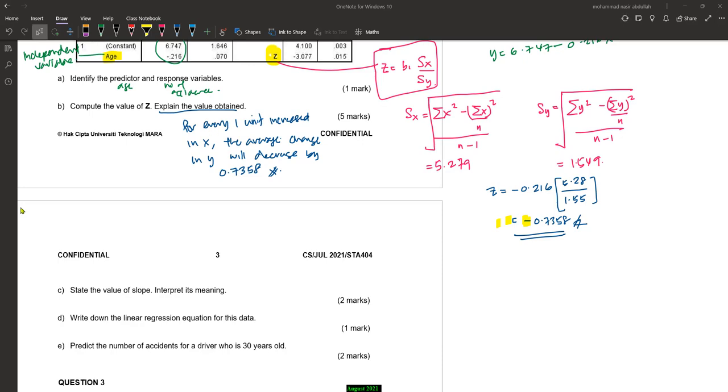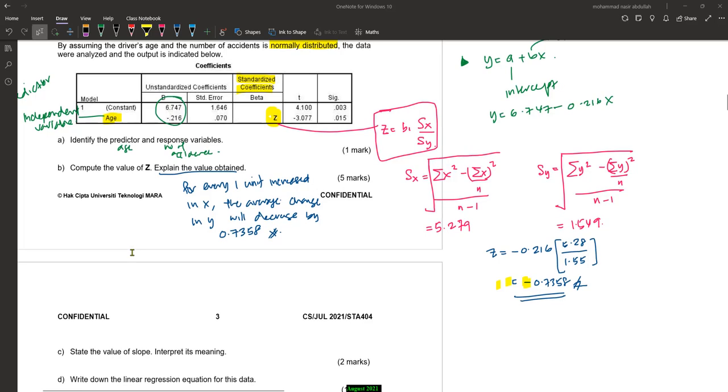So next, state the value slope and interpret its meaning. So value slope dekat sini adalah negative 0.216. So this is a slope, right? Remember the equation is, this is the equation, right? And this is slope. Interpret the meaning.